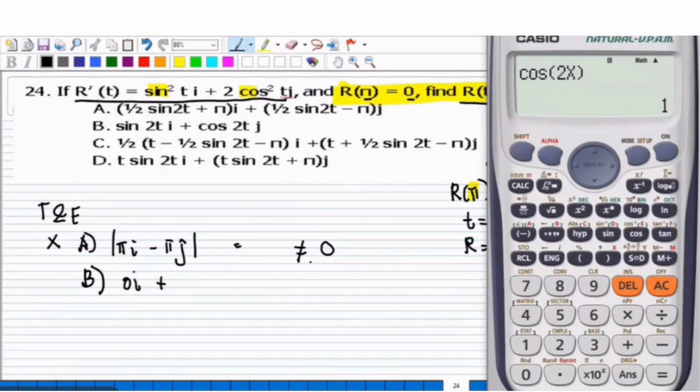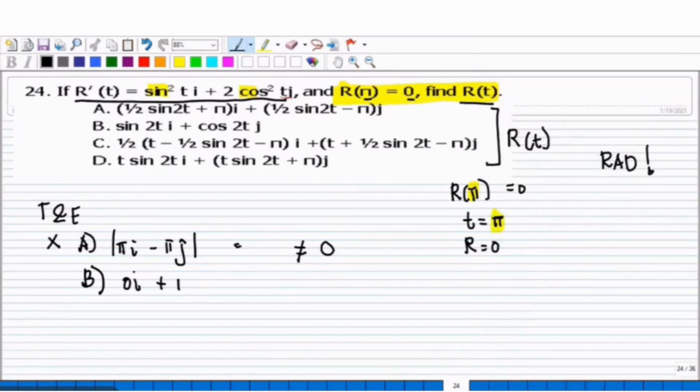So, 1 po. So 1j. Magiging resultant nito, or yung ating magnitude, is equal to 1. Pero take note po, this is not equal to 0. So, wrong way po ito.